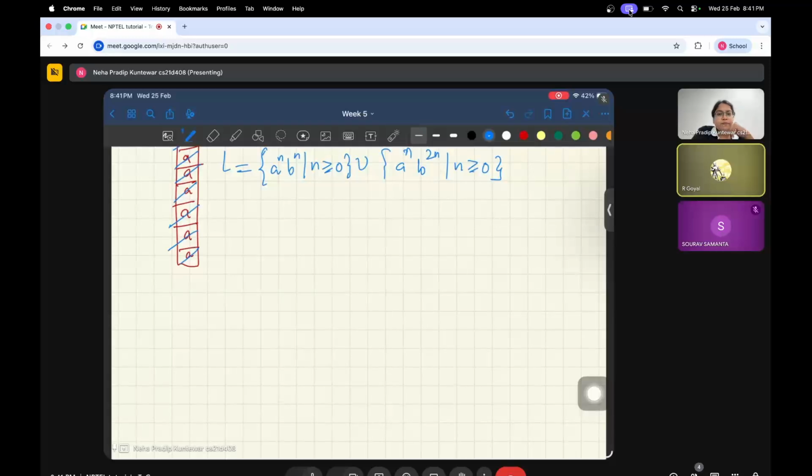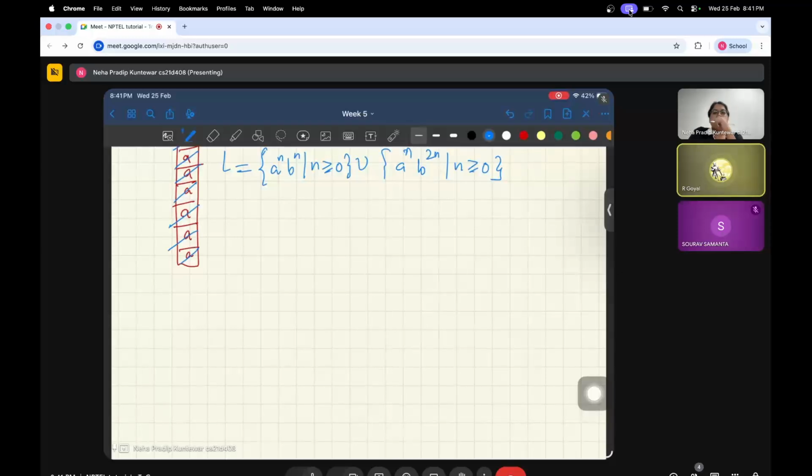So now in this case, how to design the PDA so that the number of b's may be the same as the number of a's, or maybe double the number of a's?